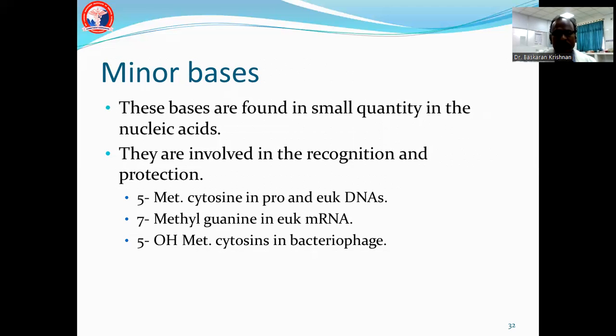For example, 5-methylcytosine is found in prokaryotic and eukaryotic DNAs. 7-methylguanine is found in eukaryotic mRNA, where it is a cap at the 5' position. 5-hydroxymethylcytosine is found in bacteriophage. And also pseudouridine is found in the tRNA.